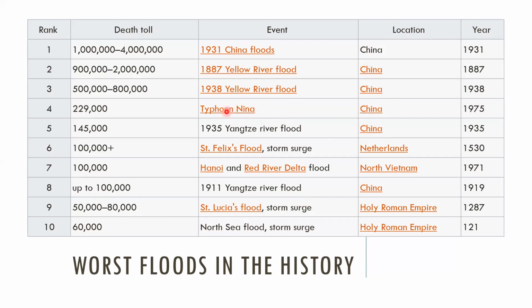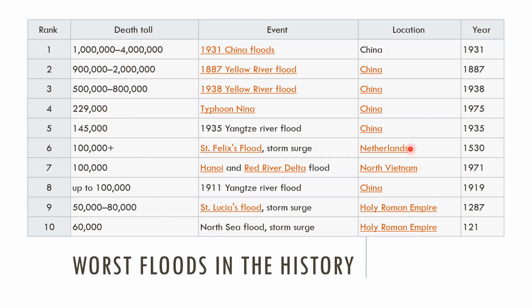For example, this is a flood in 1931. Estimated death toll from 1 to 4 million people died. 1997, up to 2 million died. This 1975, 229,000 people died. As we see, the death toll is huge.